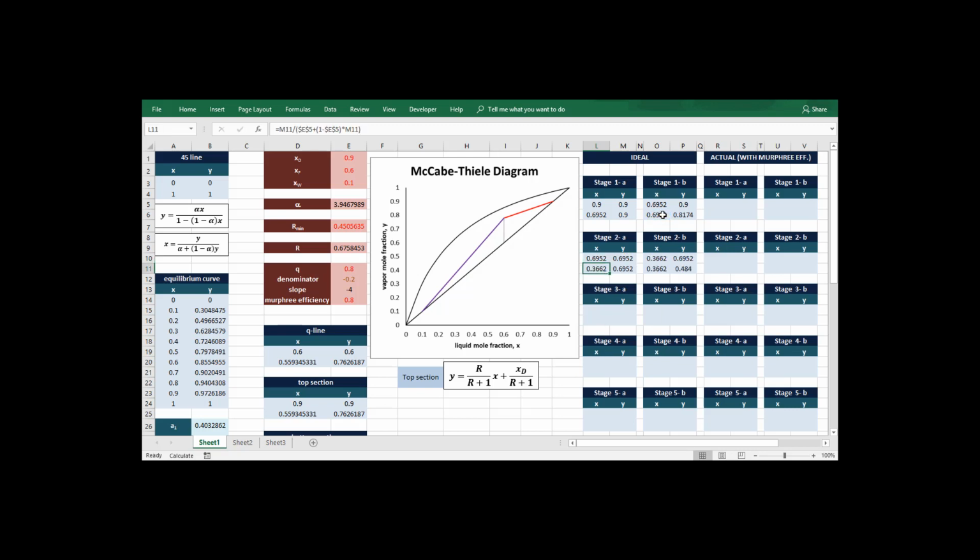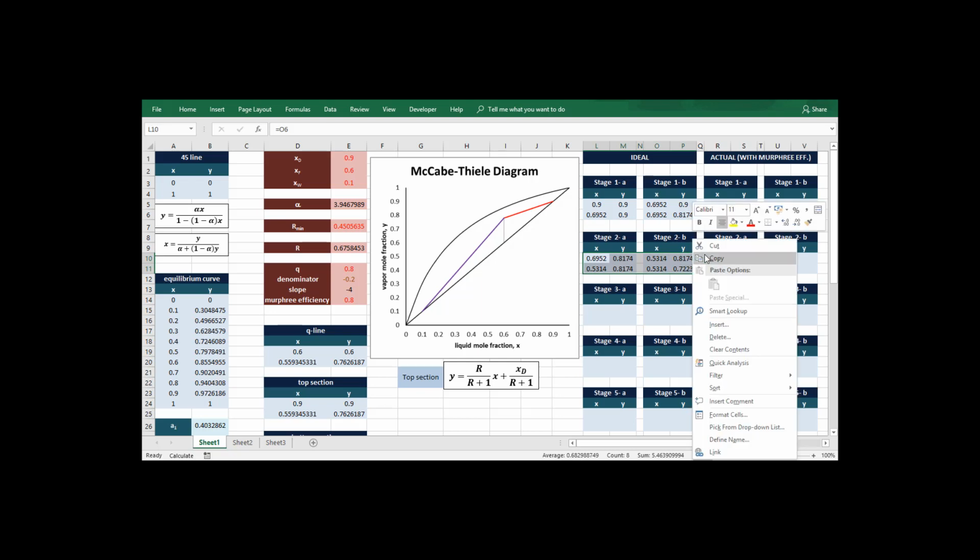I will also do the same thing for y. And then there you go. You can now just copy paste it and it will follow the same formula.